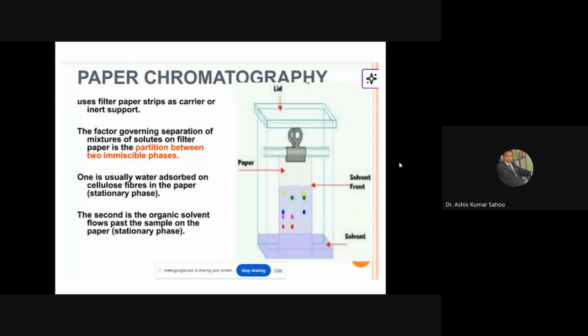Separation is governed by partition between two immiscible phases, so we can see the colors. In the lower part of the paper, we have placed the mixture spots. When the solvent flows by capillary action, these spots will separate. We'll see this in a different slide.